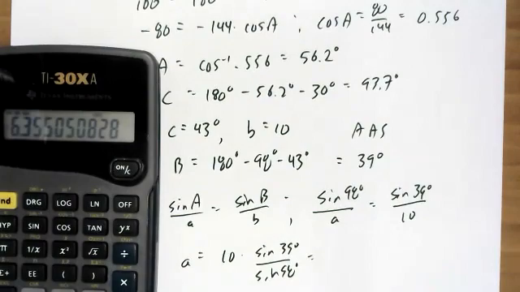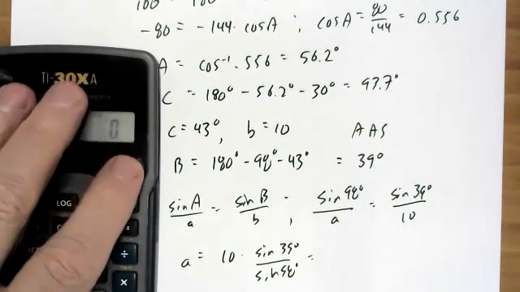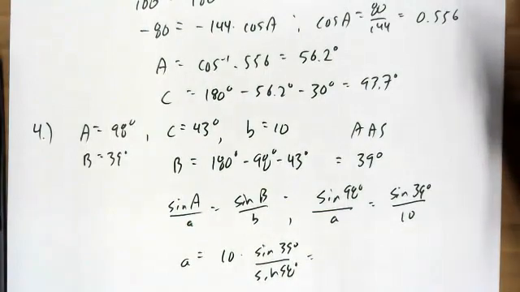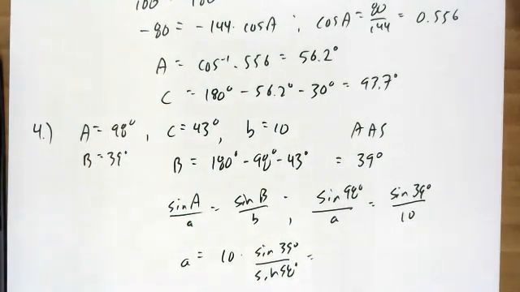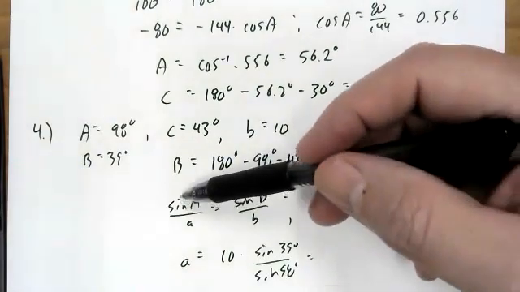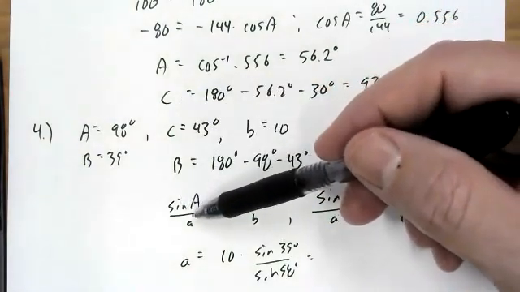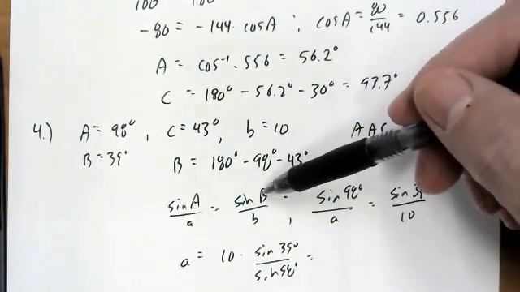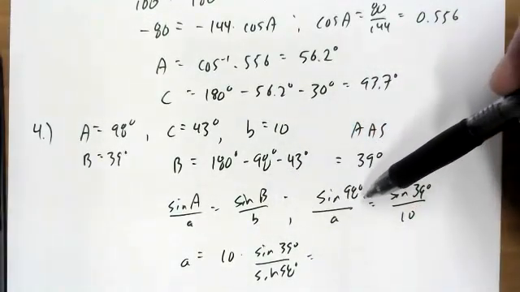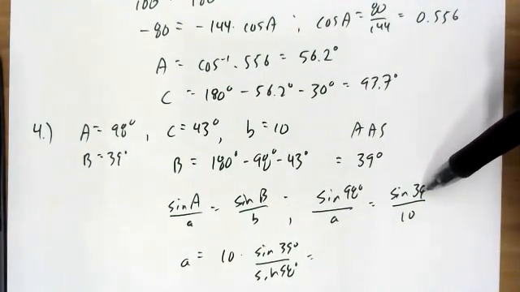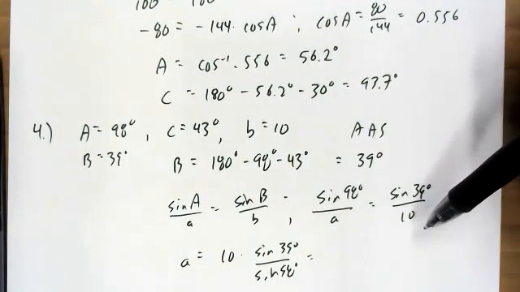Oh, let's make sure I didn't make a mistake. I'm looking at my key. This is problem 4. Sine A over A, sine B over B, 98 over A, 10.